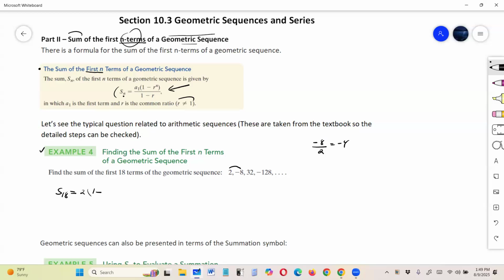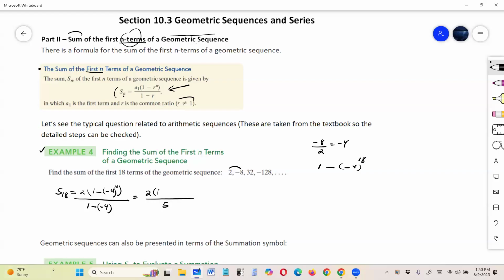This is the minus from the formula, and here's your minus 4 raised to the 18th power, and over 1 minus minus 4. So you've got to be very, very careful. This is 1 plus 4, right? There's a 2 here. Now I have to evaluate minus 4 to the 18th first. This is going to be a positive number, and then I'm going to do 1 minus that.